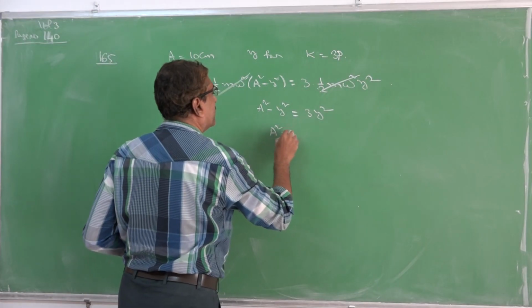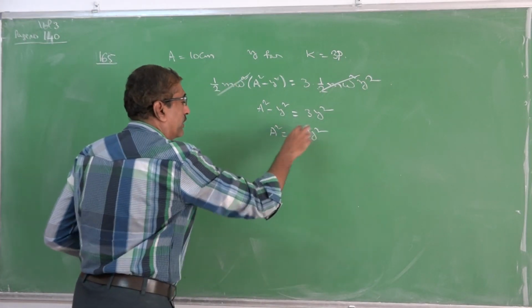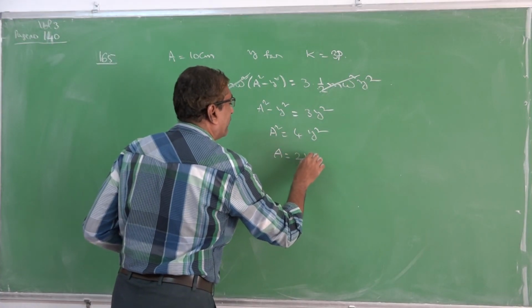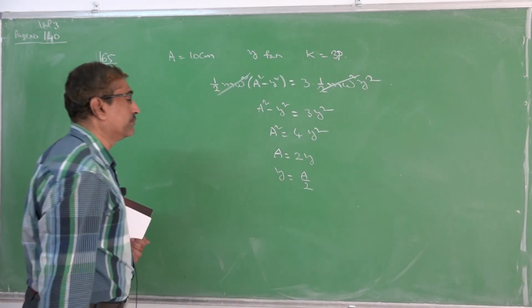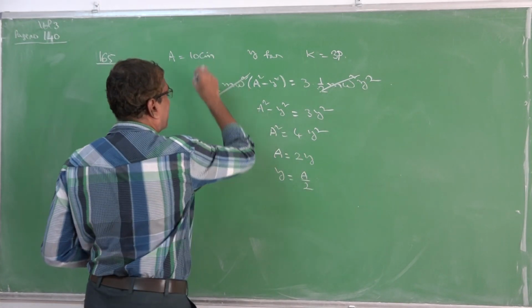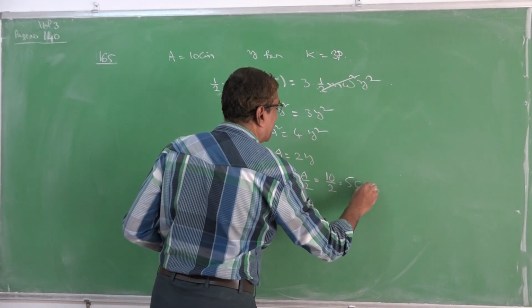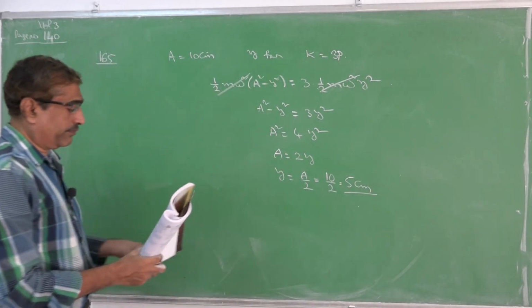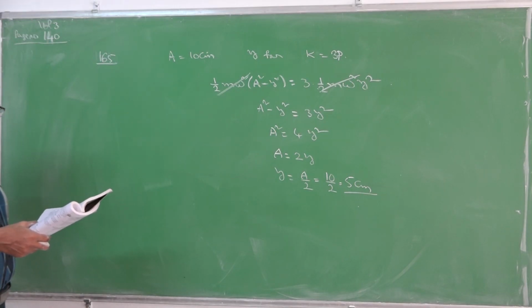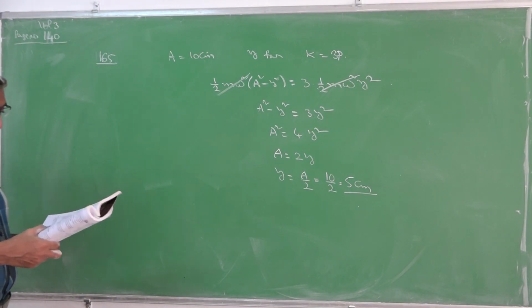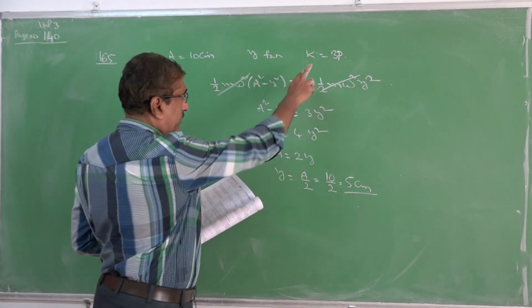So, A square is equal to 4y square. A is equal to 2y. So, y equal to A by 2. Already A is given 10 centimeter, so 10 by 2, that is 5 centimeter. That means at the position of 5 centimeter, this ratio is valid.